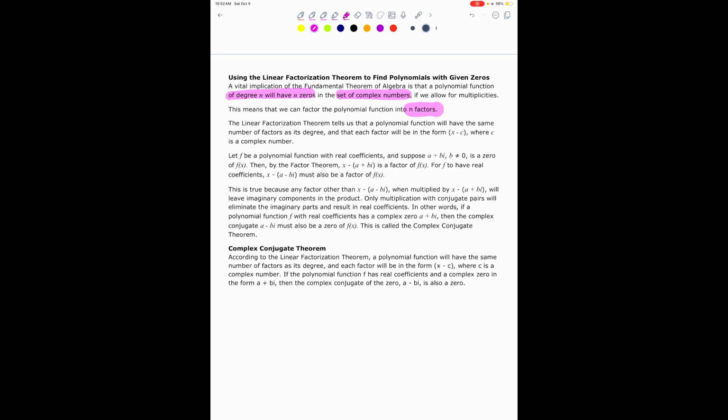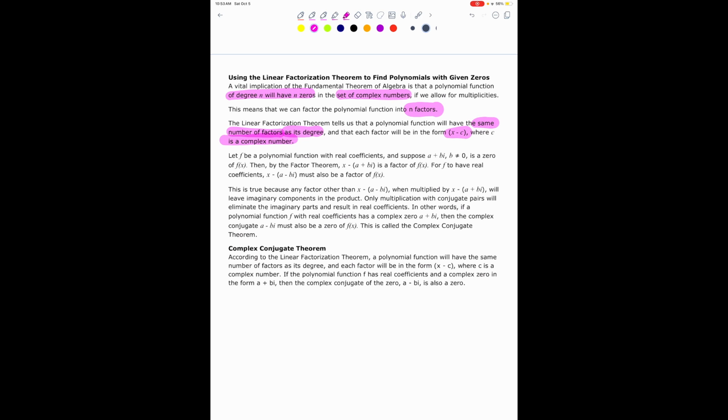The linear factorization theorem tells us that a polynomial function will have the same number of factors as its degree, and that each factor will be in the form x minus c, where c is a complex number, because we know that real numbers are complex numbers. Let f be a polynomial function with real coefficients.